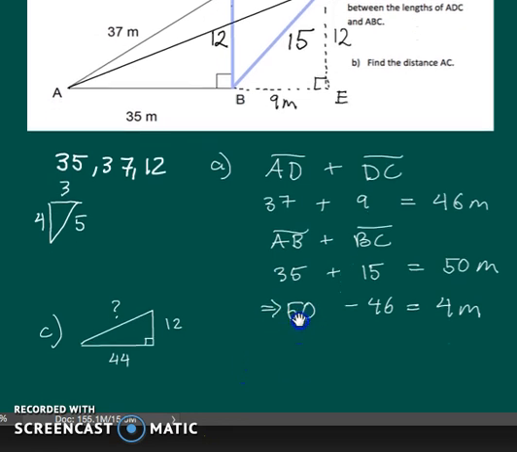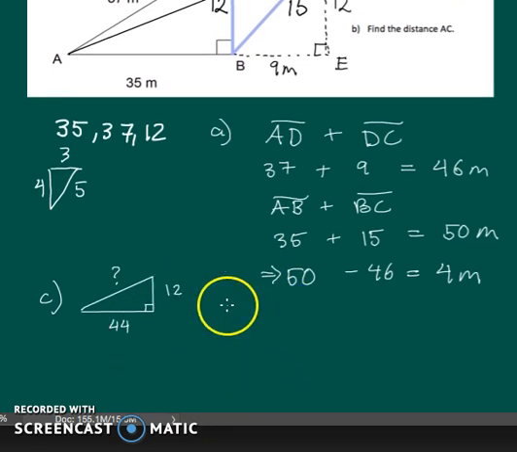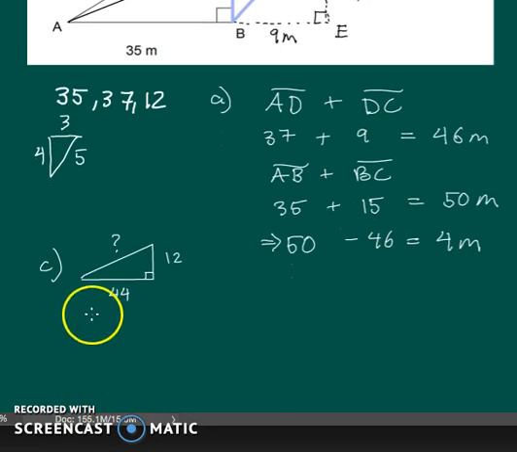Okay, so does 12 and 44 and something else make a Pythagorean triple? You can use your new skills to check if it does, and I'll give you a second to do that. What you will find is that it does not. So we will have to perform the Pythagorean theorem.